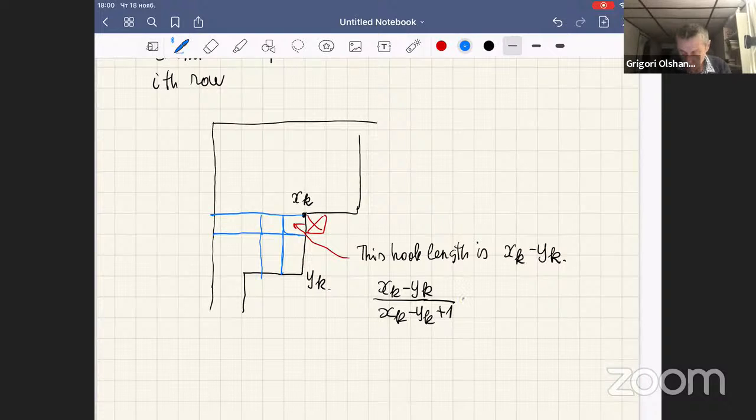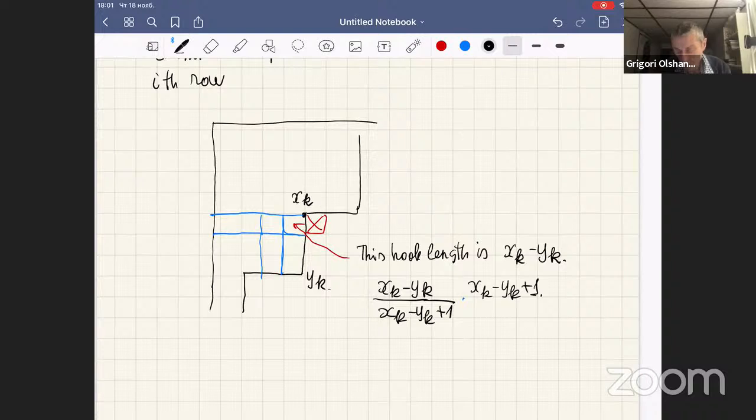But move on the left and look at this position, what happens here. And then we see that we have xk, sorry, minus, because the hook length is a bit greater.